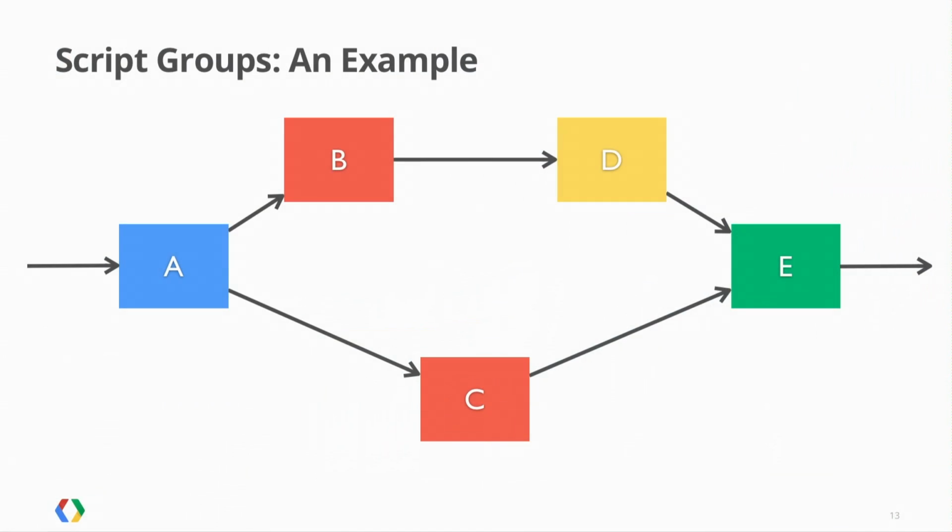So let's go through an example of script group. So here we have 5 kernels, and essentially input is passed to A and output comes from E. And then you have this set of dependencies in between. And according to the semantics of script group, the intermediate state is not visible to the user.